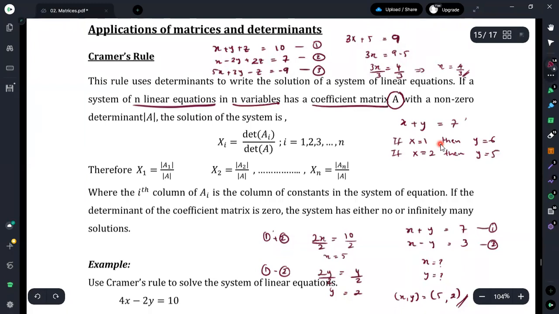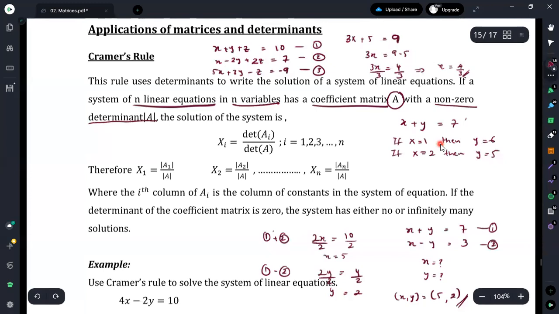I will explain this coefficient matrix and all the other terms in the discussion of an example, but prior to that, I will just go through the theory quickly. Therefore, I will let A be the coefficient matrix, and it should have a non-zero determinant.